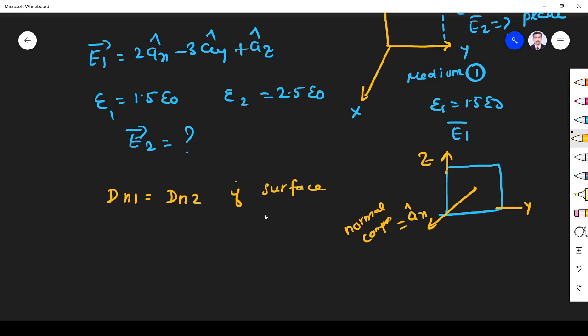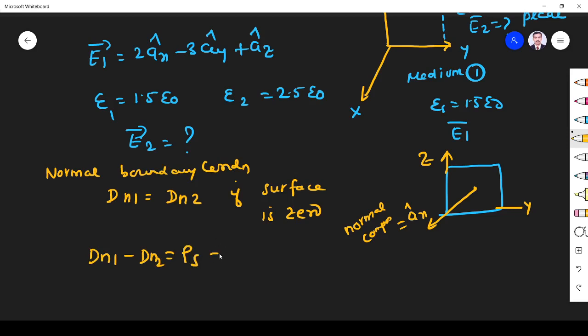The normal boundary condition is given by Dn1 minus Dn2 equals rho s. Here rho s is 0, so we ignore it. This implies Dn1 is equal to Dn2.